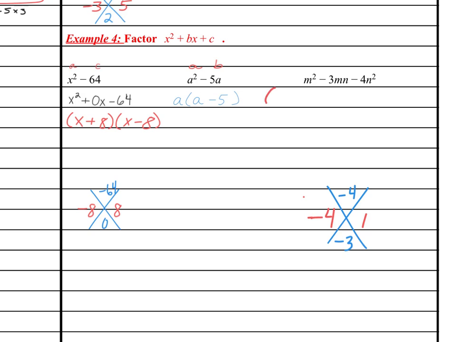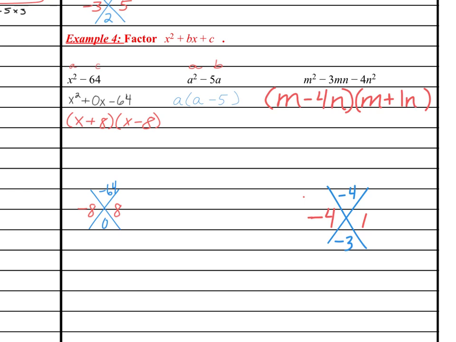So when you write this one out, it's a little bit different. So the first terms have to be m, because the first terms have to multiply to get m squared. But then it's got to be minus 4. What do you think I had to put with the 4? An n. And it's got to be plus, I'm sorry, my screen's messing up, plus 1 n.